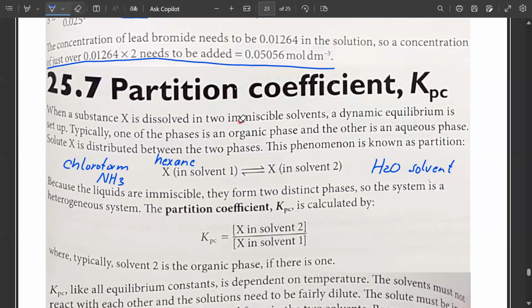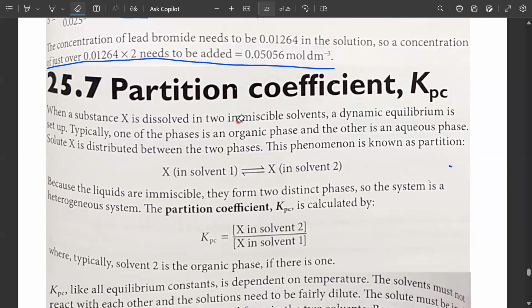So basically, if you select two solvents which are not soluble into each other, if I select water and another solvent as hexane, it's a totally non-polar compound, that is C6H12, and this is water. They are not able to dissolve into each other. So this is one solvent, this is the second solvent.